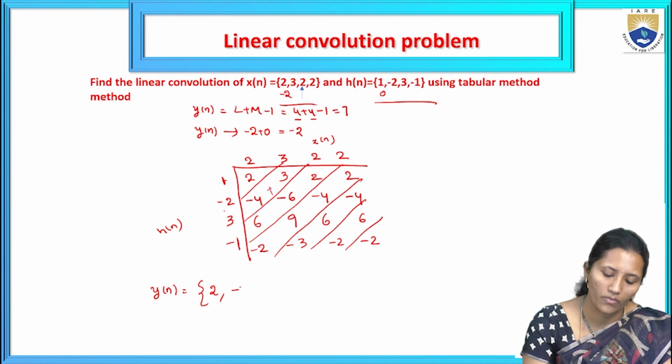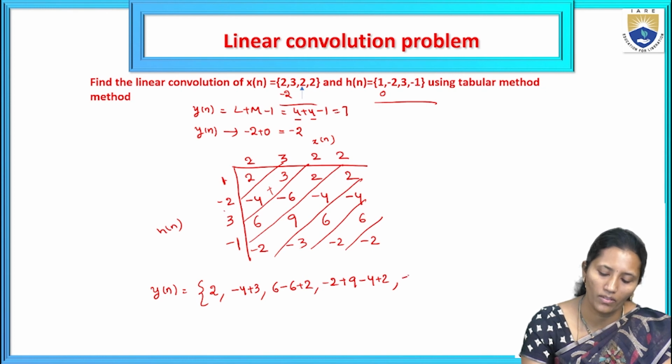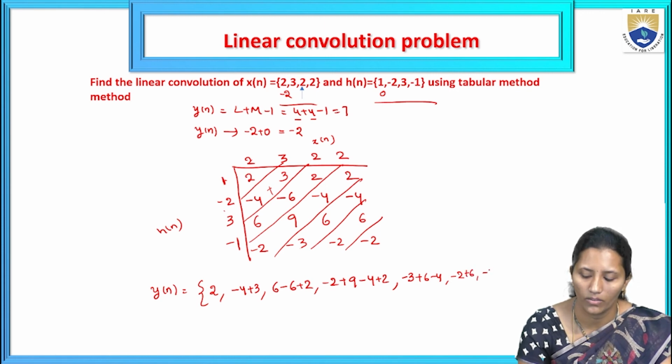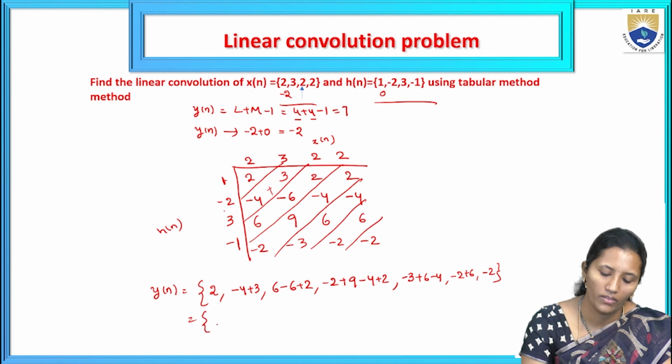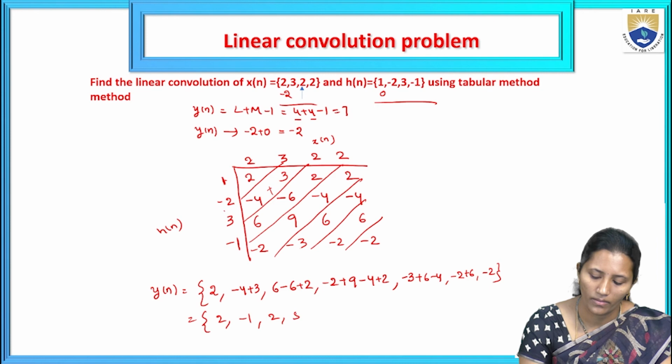So minus 4 plus 3, then 6 minus 6 plus 2, then minus 2 plus 9 minus 4 plus 2. In the next diagonal we have the samples minus 3, 6, minus 4. Whatever samples lie on a diagonal line, we have to add them. We will get the values 2, minus 1, 2, 5, minus 1, 6, minus 4, minus 2.